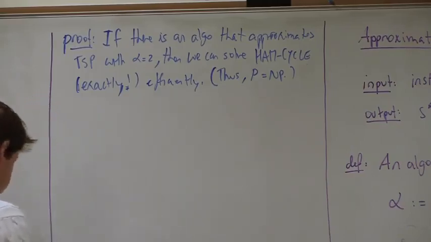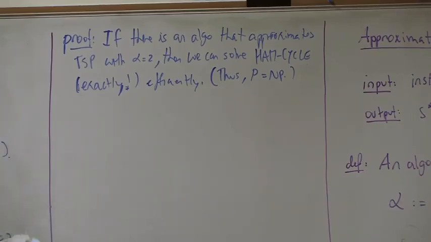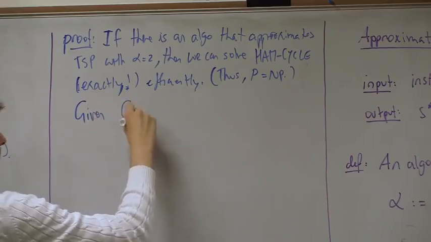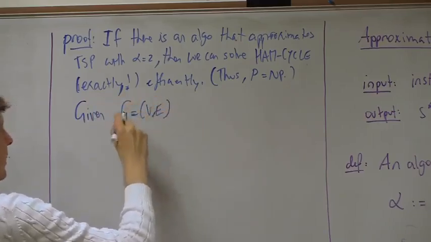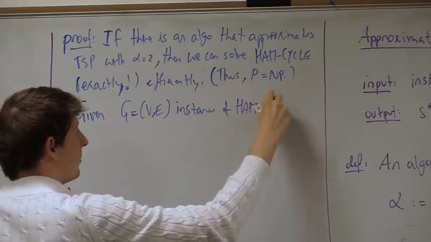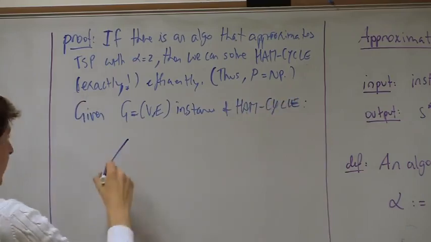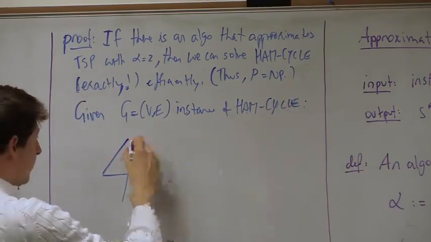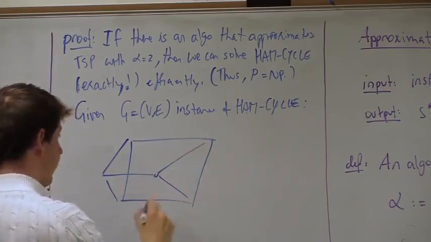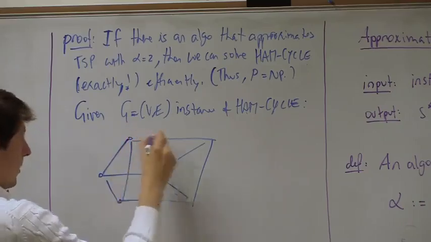In TSP, there are distances. So let's say that we are given a graph as an instance of Hamiltonian cycle. And maybe it looks something like this. Again, there are no distances, nothing.